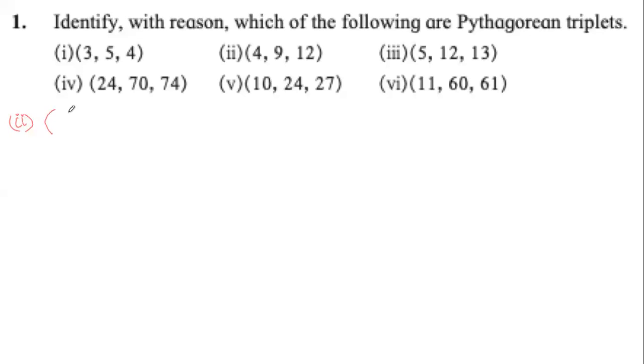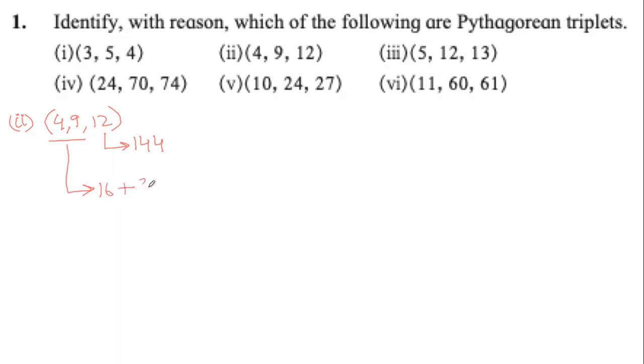The second triplet is 4, 9, and 12. Clearly, the biggest number is 12, and we should know that 12 square is 144. The other two numbers are 4 and 9. Now, square of 4 is 16.